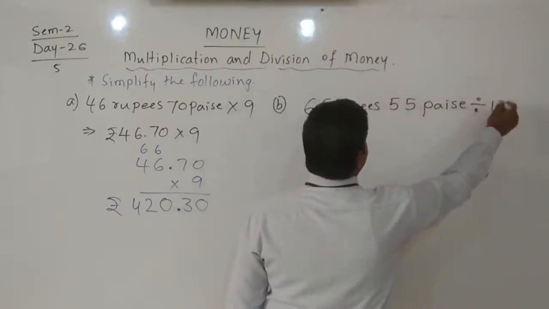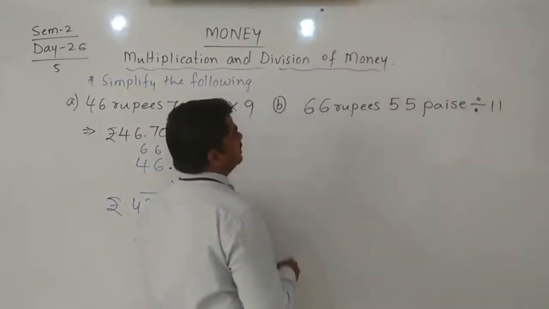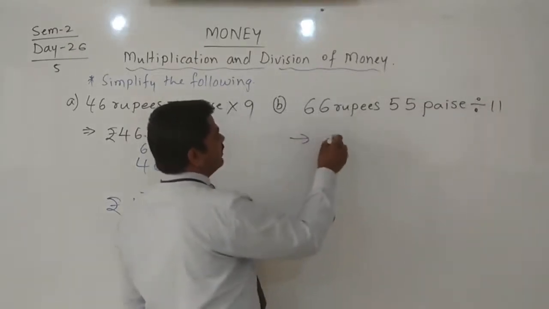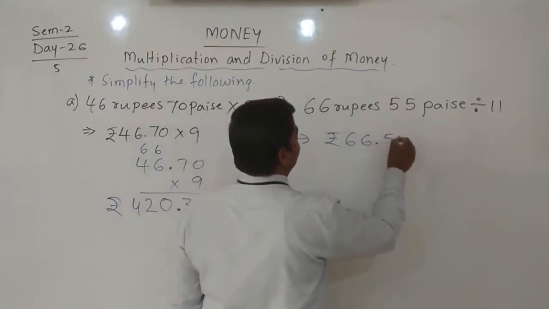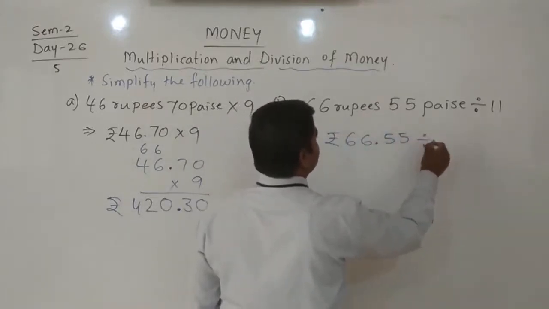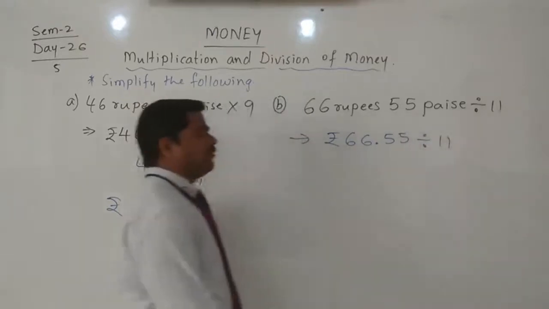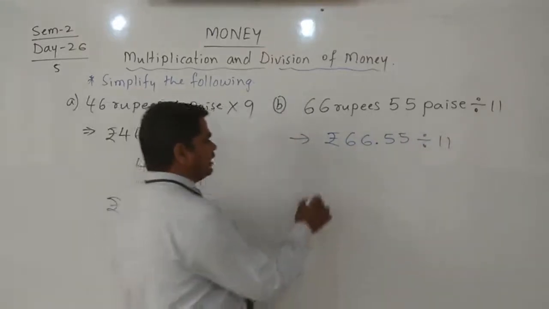Write it in a decimal form: rupees 66.55 dividing by 11. Then divide it.